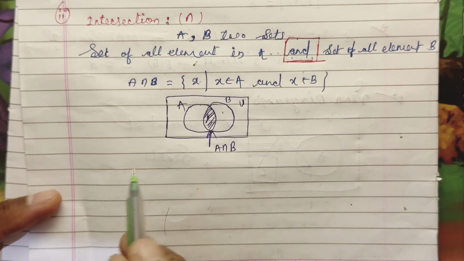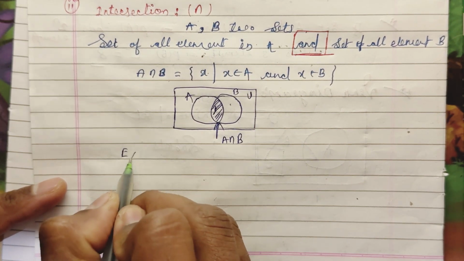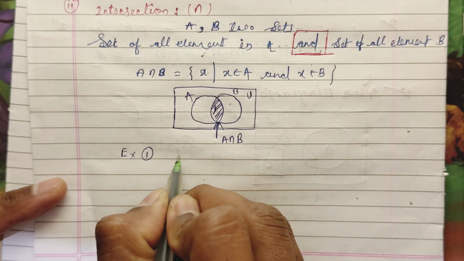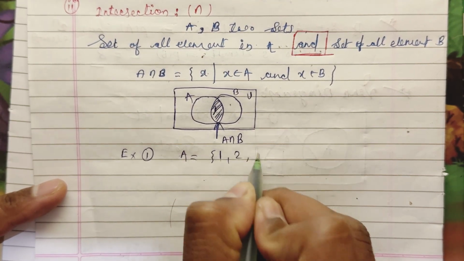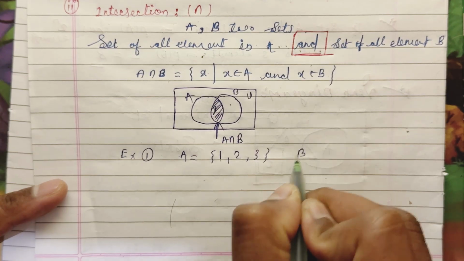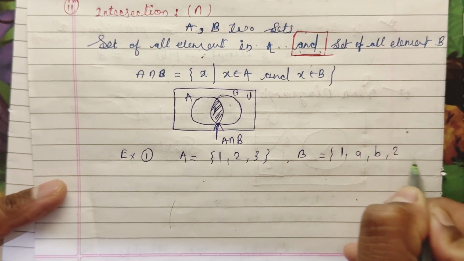Okay, so for example, we take a numerical example. Example 1: we consider A as the set {1, 2, 3} and B as the set {1, a, b, 2}.